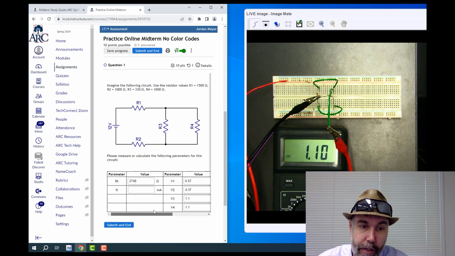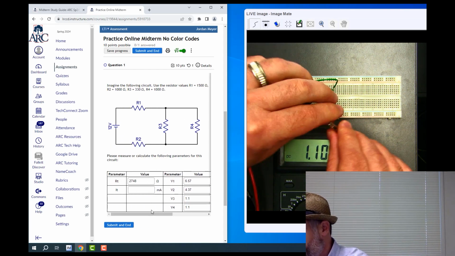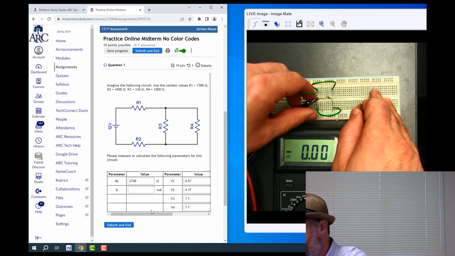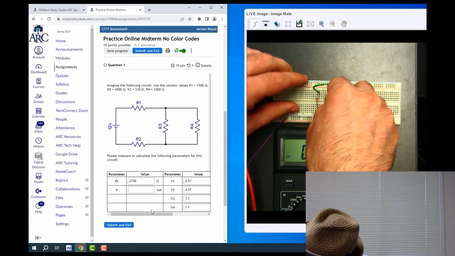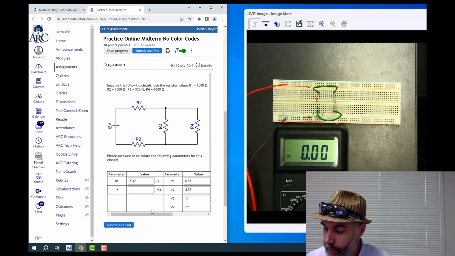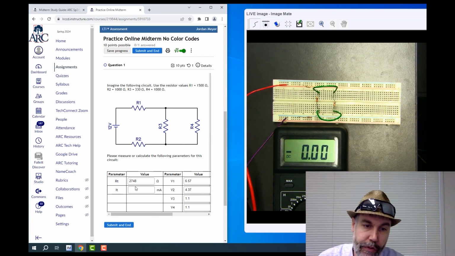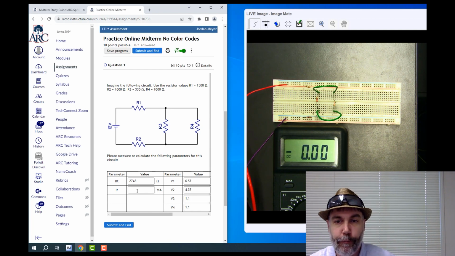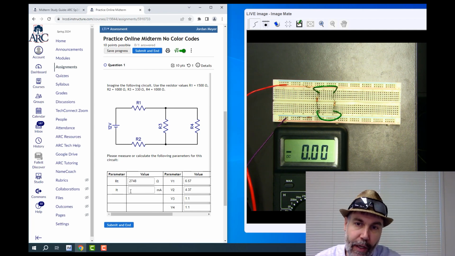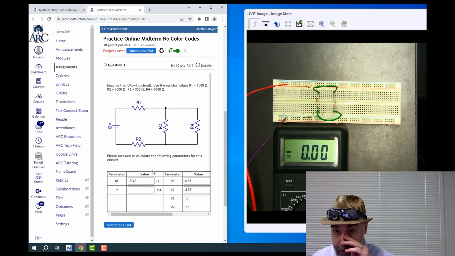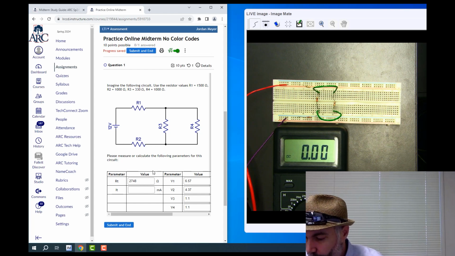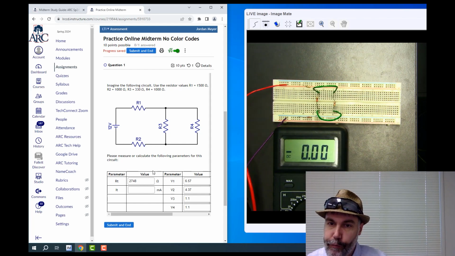And then the last thing that I want to do is measure my total current. So this is the current that's coming from the power supply or going back to the power supply. In order to do that, I have to break my circuit apart where the power supply attaches to my circuit, up here at the top of my board.